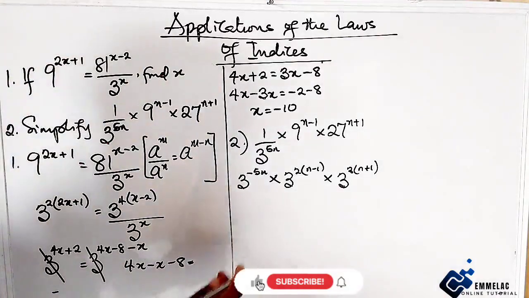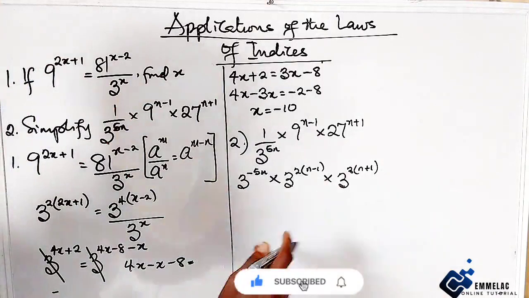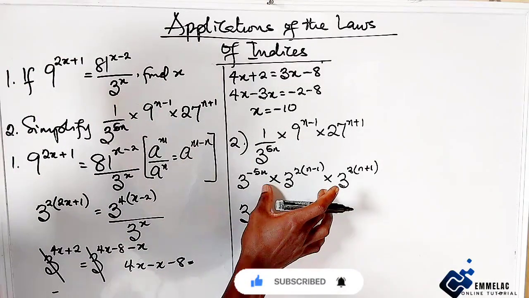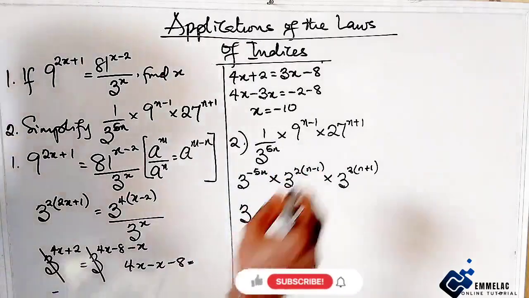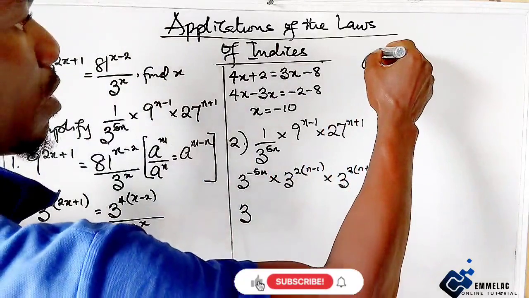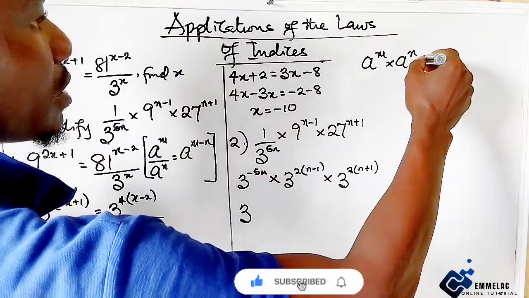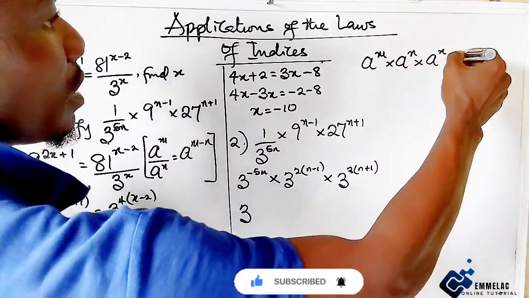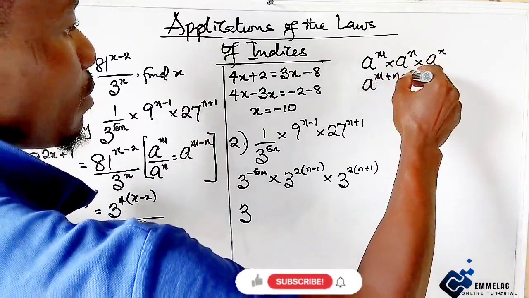Moving further, since we have the same base all through, we can use the law of multiplication: a raised to the power of m times a raised to the power of n times a raised to the power of x gives us a raised to the power of m plus n plus x.